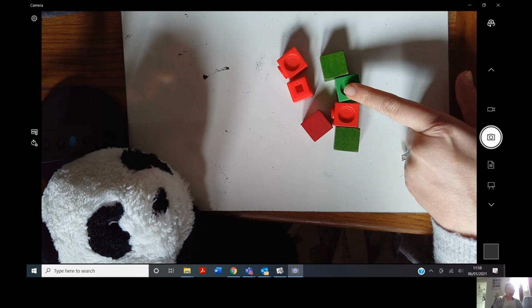And when I'm saying equal parts, I'm meaning how many cubes. So there are 4 red cubes and I have 7 equal parts.